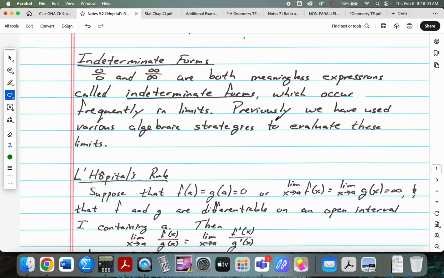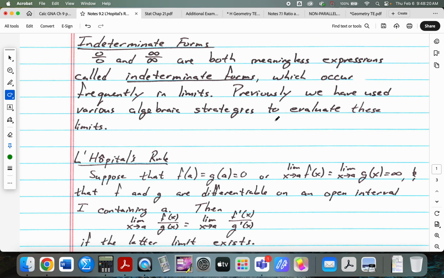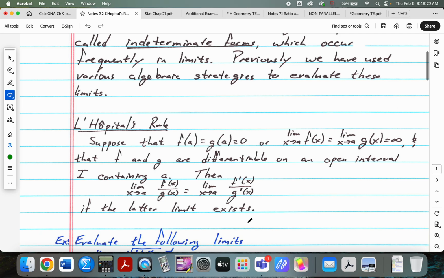Containing a. So in some area around them, they have to be differentiable. Then the limit as x approaches a of f of x over g of x is equal to the limit as x approaches a of f prime of x over g prime of x, which is kind of an interesting thing if this limit exists.